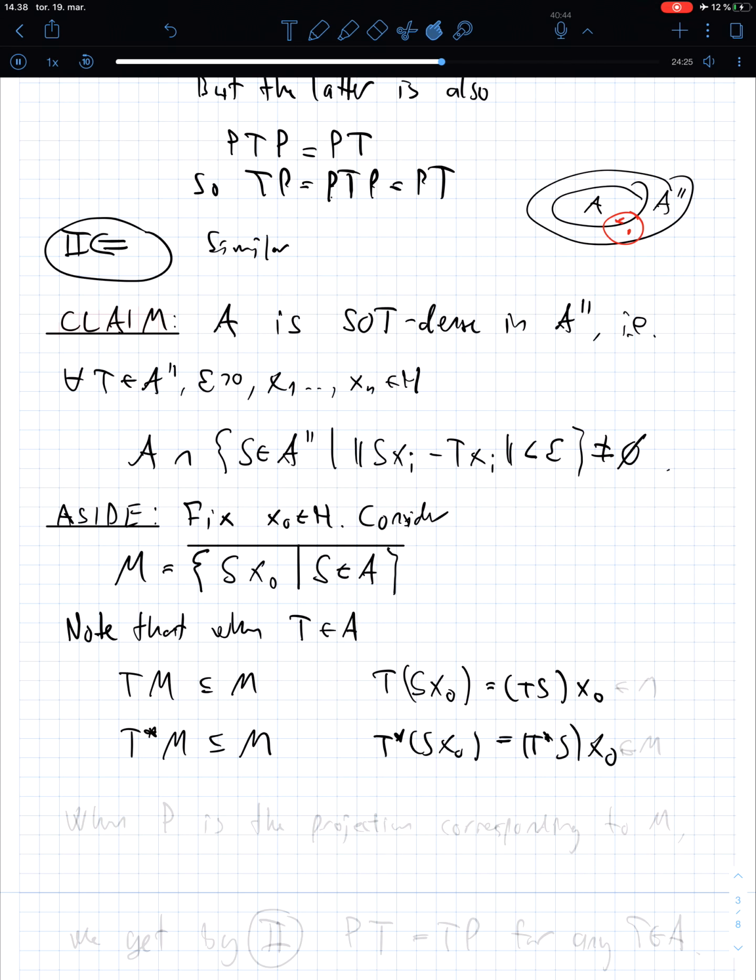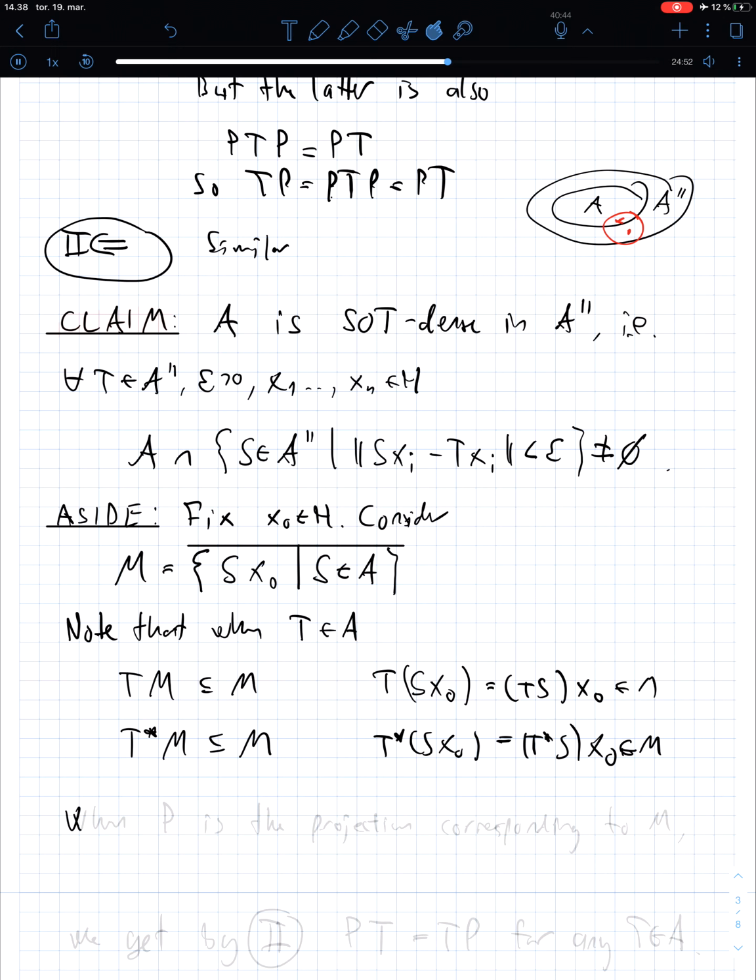And because T star is in A, then so is T star S, and so this is in M, and this is in M for the same reason. So it's enough to check that T sends Sx0 back into M, but then after I've done this, I can use continuity of T and the fact that the Sx0s are dense in M to get the conclusion that I need.